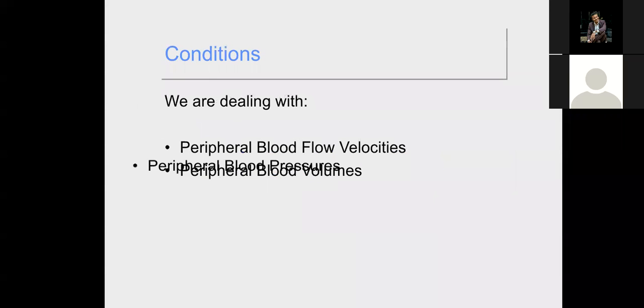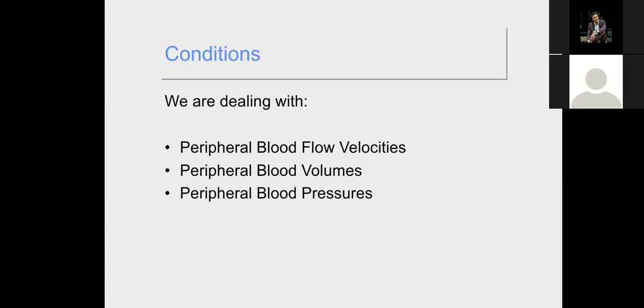These are the important measures in cardiovascular physiology: velocities, volumes, and pressures and resistance.